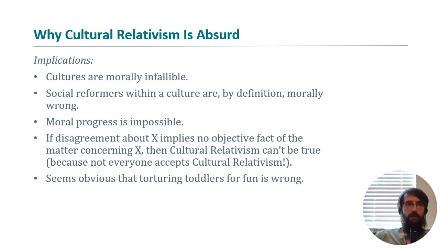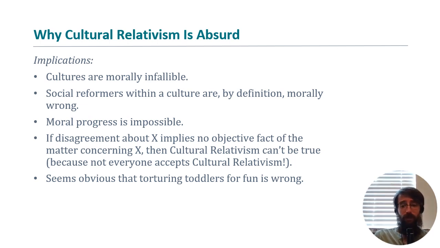The main argument that we saw for this view was Stace's argument, which rested the entire case for cultural relativism on the idea that people disagree about right and wrong. But if disagreement about something implies that there's no objective fact of the matter regarding that thing, right? So if disagreement about morality implies no fact of the matter objectively about what's right and what's wrong, then of course cultural relativism can't be true. Right? Because not everyone accepts cultural relativism.